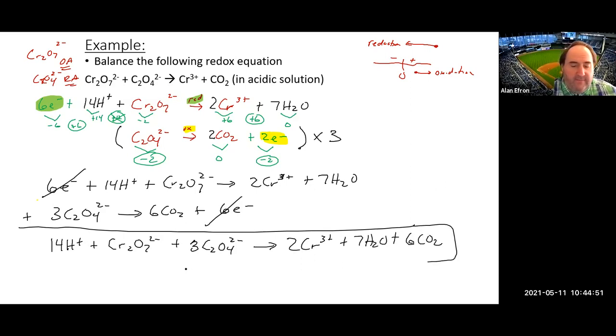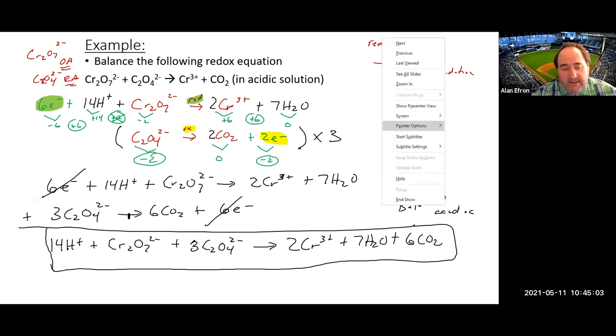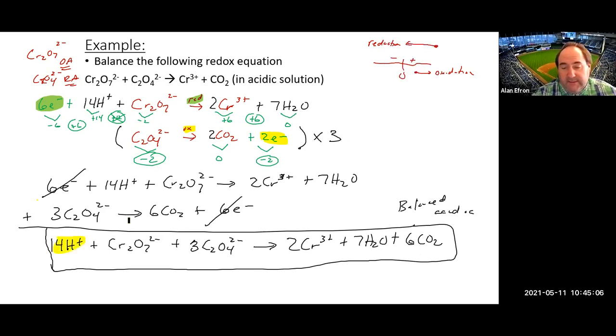And if we did not mess anything up at this point, we should be balanced now in acidic conditions. We see in our equation the H+, which tells us it's acidic. But more importantly, we do want to quickly double check.